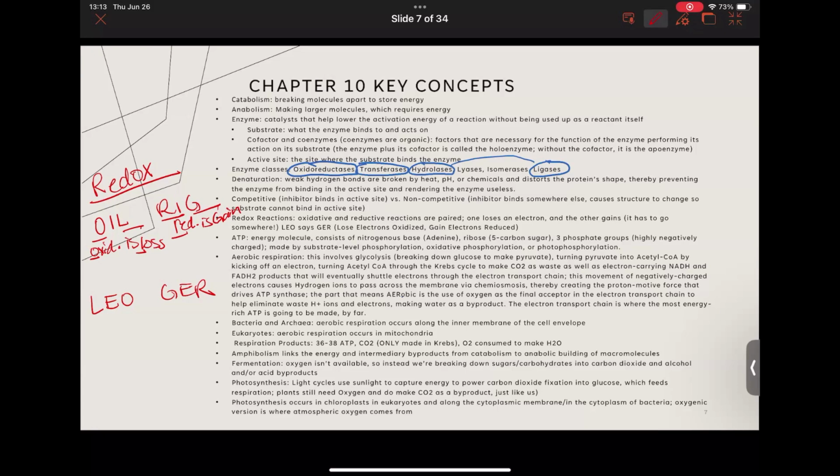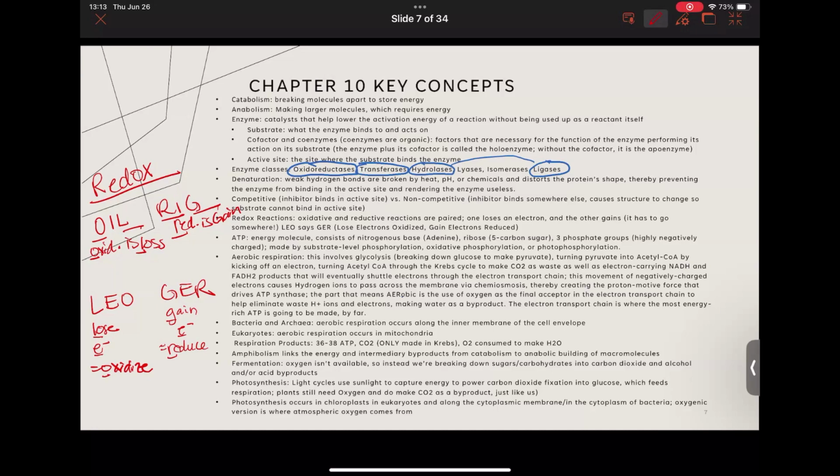Or LEO says GER, which is lose electron is oxidized, or gain electron is reduced. We got it. That's how I remember it. And there's definitely going to be questions about that on the test. So we've covered it. All right.